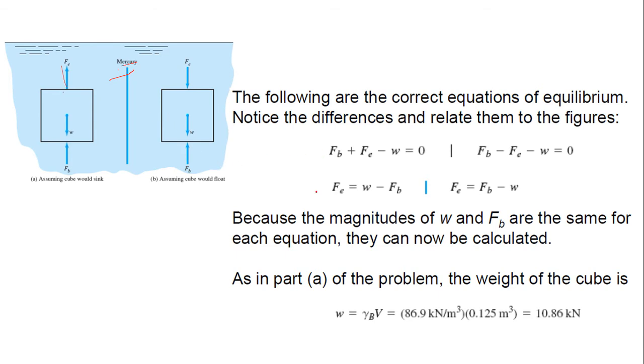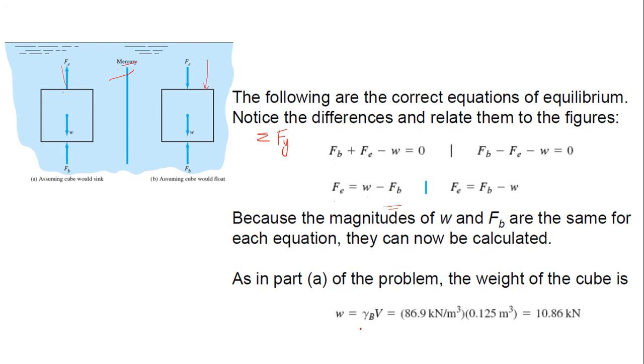Now you have your summation of force, vertical. For the first guess, upward positive: Fb plus Fe minus W equal to 0. For your second guess, Fe assumed downward: Fb minus Fe minus W equal to 0. So you have two different equations. The first one, Fe equal to W minus Fb. The second one, Fe equal to Fb minus W. Now you can find the value.